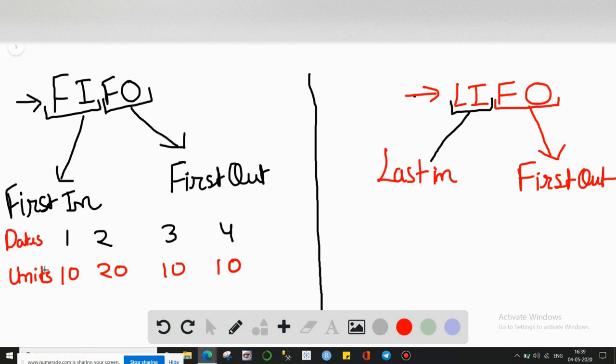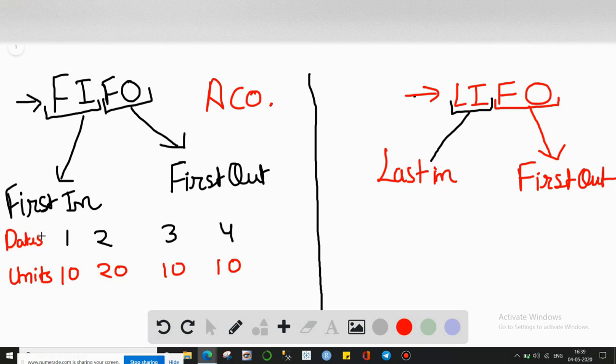Now what happens? There is a company who sells the finished goods, or we can say the product. Now the FIFO method says whichever item has been purchased in first place will be sold first.